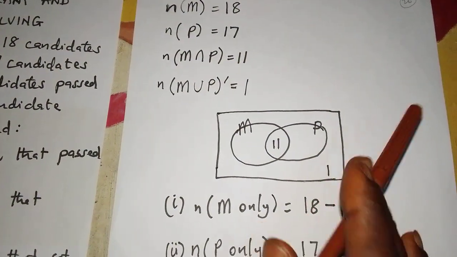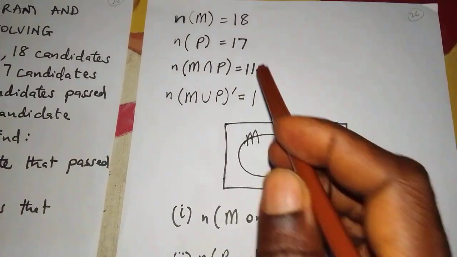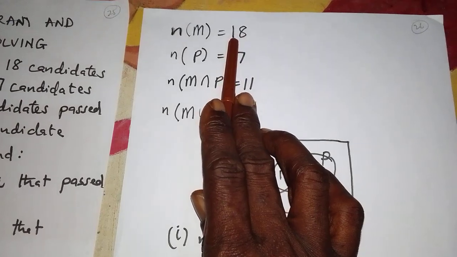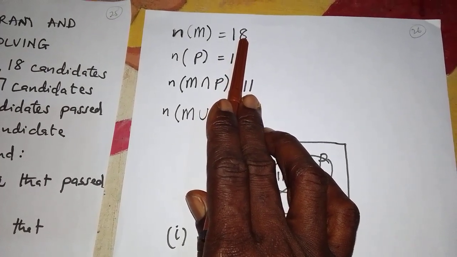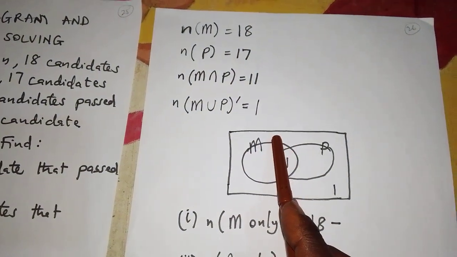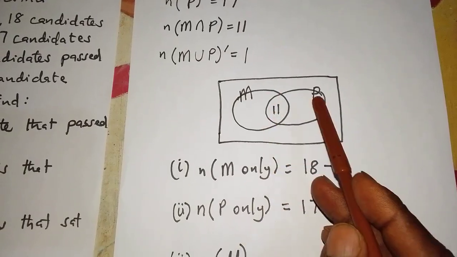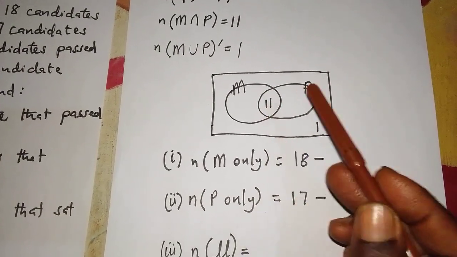Now to know those that pass mathematics only, 18 students passed mathematics. Out of this, some of them pass physics. To know those that only pass mathematics, we are going to subtract those that pass the 2 subjects from it.